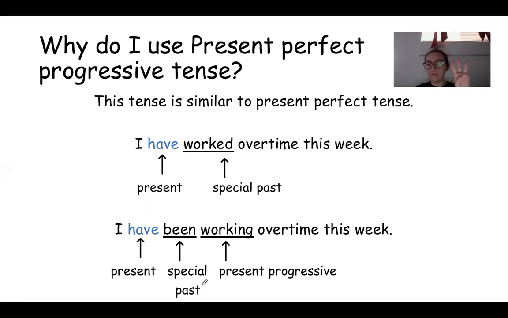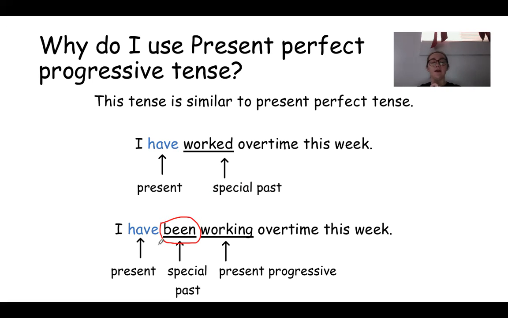But there are three parts to the present perfect progressive tense. You have the present, right? You have the special past verb, but instead of picking what kind of verb you want to talk about, what action, worked, stand, left, in present perfect progressive, you always use the special past verb been. I have been, right? And then the last part of it is you use a present progressive tense.